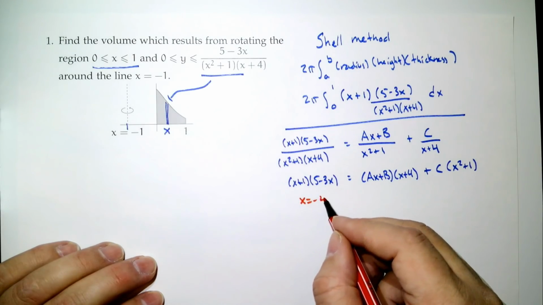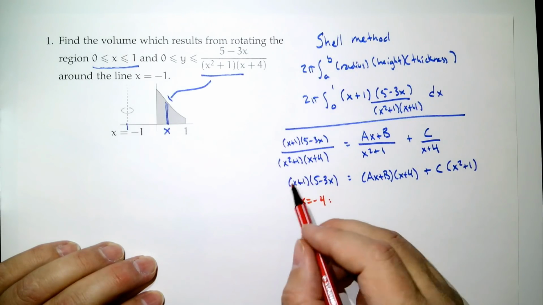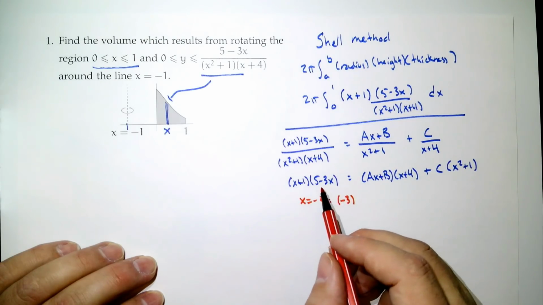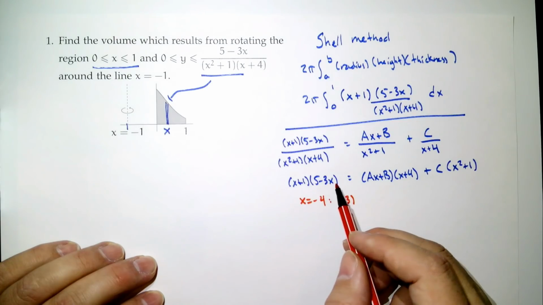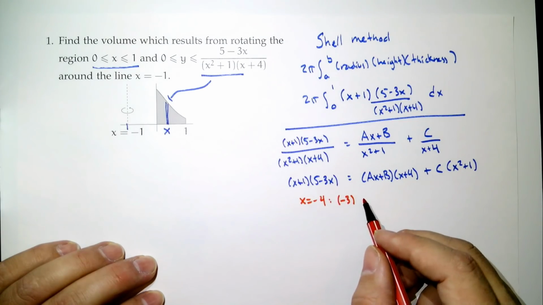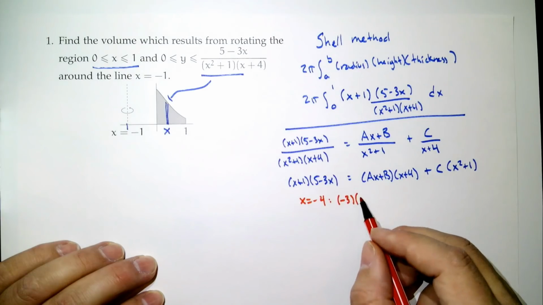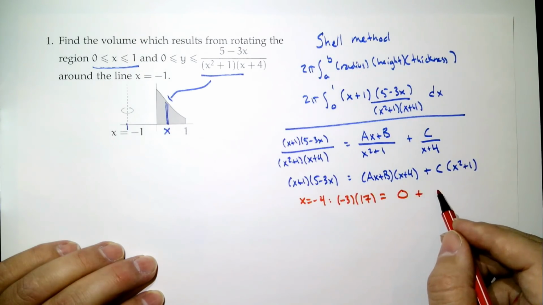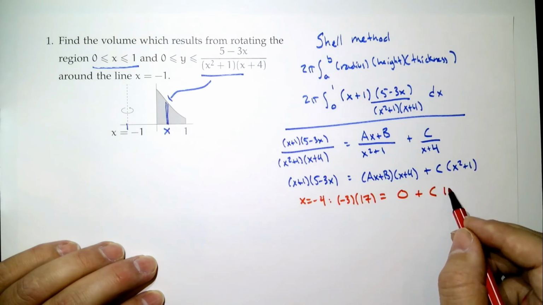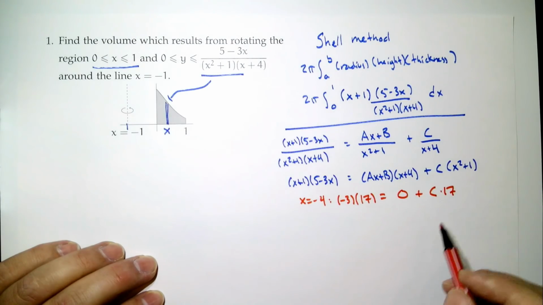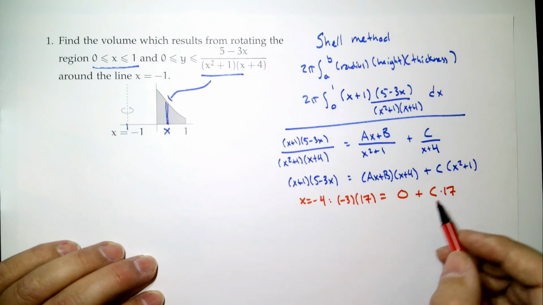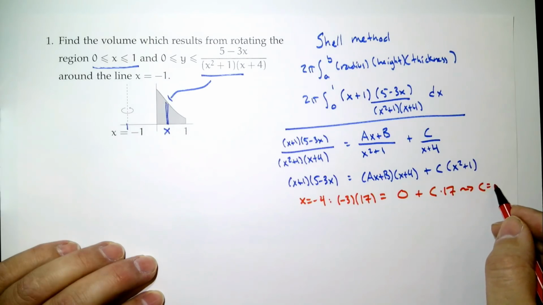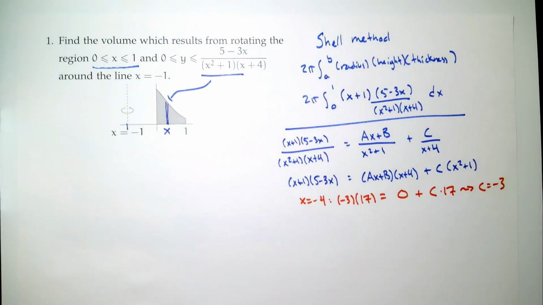With x = −4, on the left-hand side, −4 + 1 is −3, times 5 − 3(−4), which is 5 + 12, which is 17. That equals 0 + c times 17, because (−4)² is 16, plus 1 is 17. Now notice I have 17s, which is convenient. It says that c is −3. Good, that was a great choice.